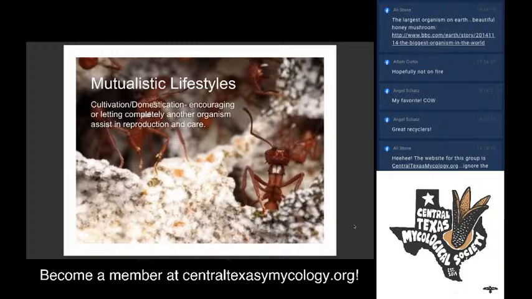So this fungus doesn't produce, at least when I learned about them, I didn't know about them actually producing any reproductive spores, because I guess the conditions aren't right for them. So they don't form mushrooms. They just rely solely on these ants to reproduce.